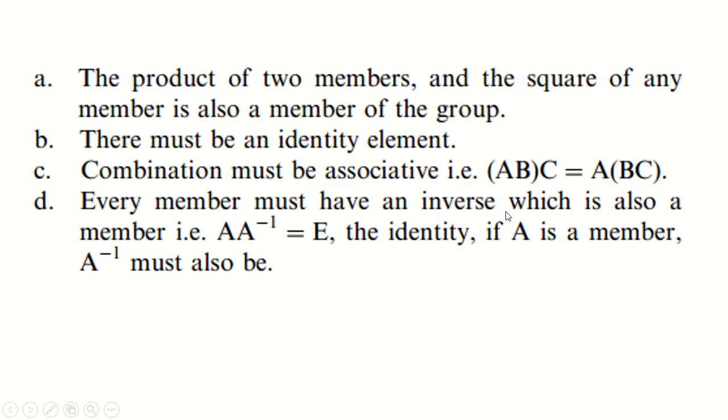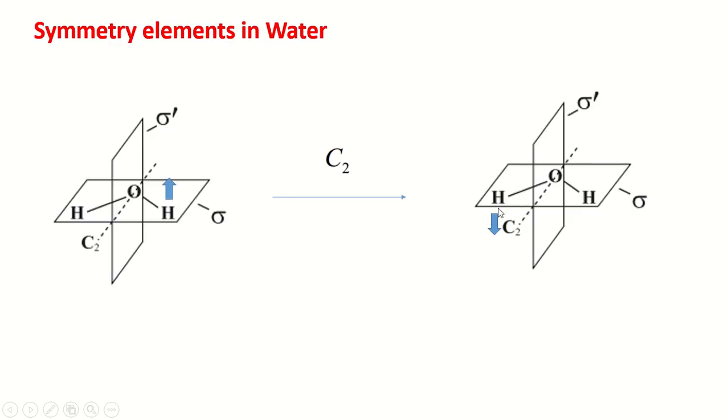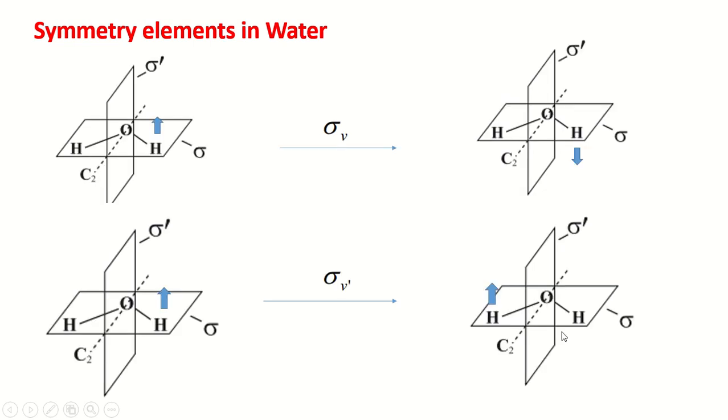We know that this is the sigma plane of symmetry. So what happens if we apply the sigma plane of symmetry to this molecule? This arrow will go in the upward direction, but on the same hydrogen. The resultant is like this one, which is sigma v dash.